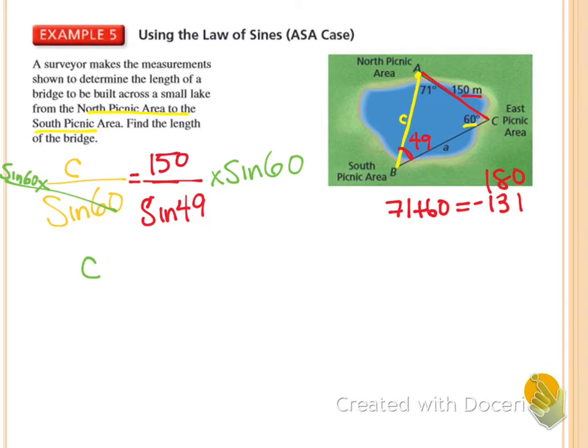So we get 150 over sine of 49 times sine of 60. We get 172. It doesn't say what to round to, but we can round to the tenth: 172.1, and it is meters.